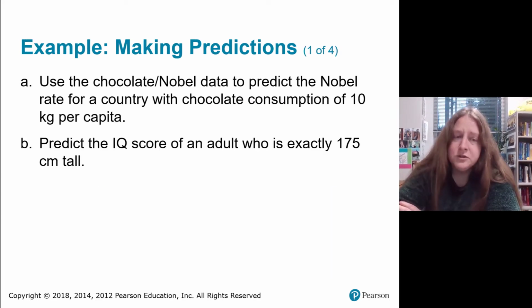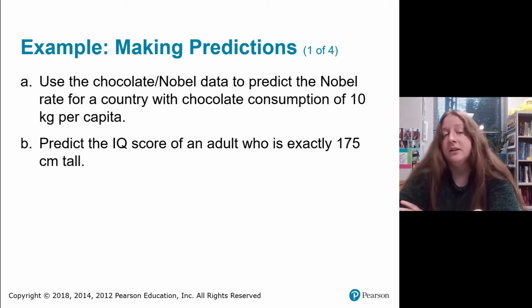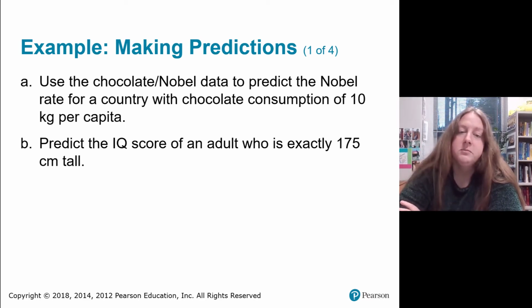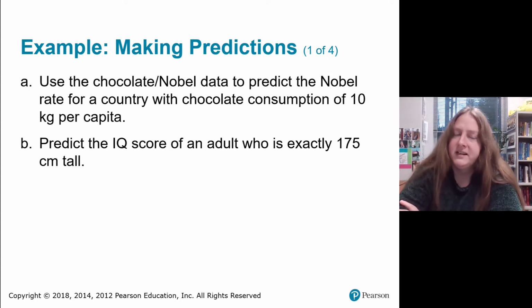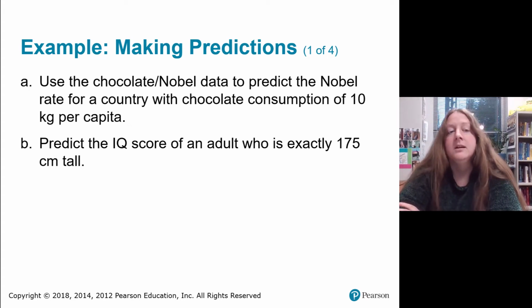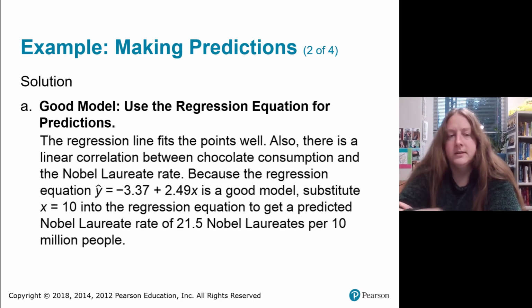So here's two examples. We're going to use the chocolate/Nobel data to predict the Nobel rate for a country with chocolate consumption of 10 kilograms per capita. So let's talk about that. Well, it's a good model. We have seen that the correlation coefficient says yes. We looked at the picture of it. It looked pretty good.